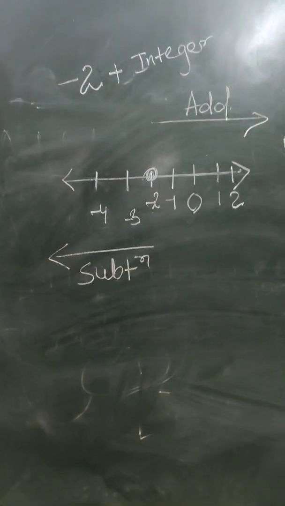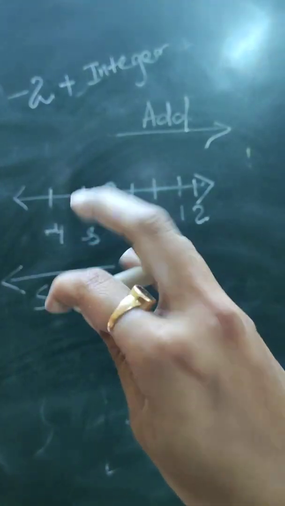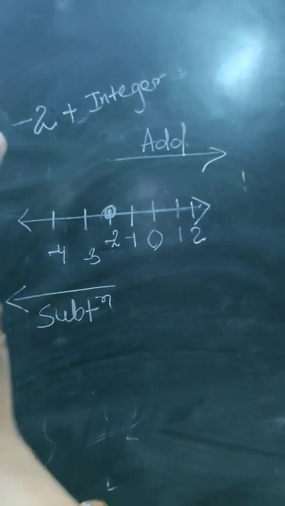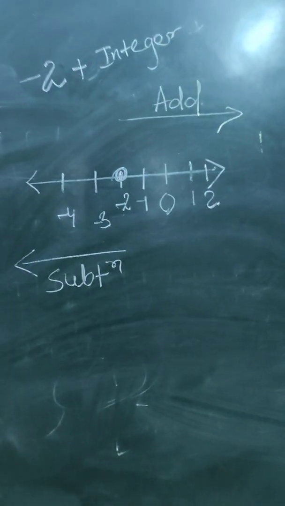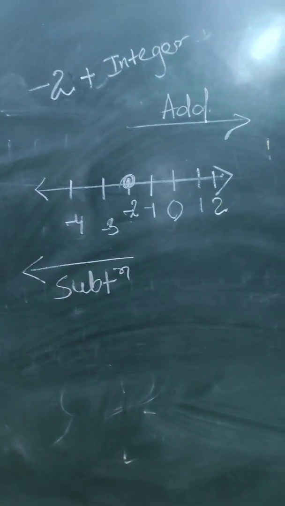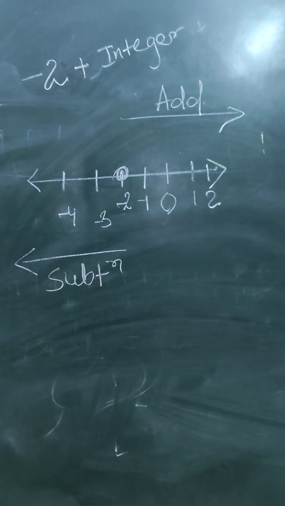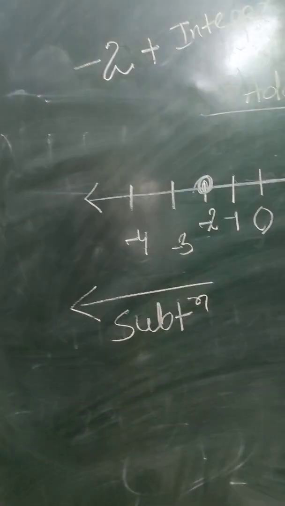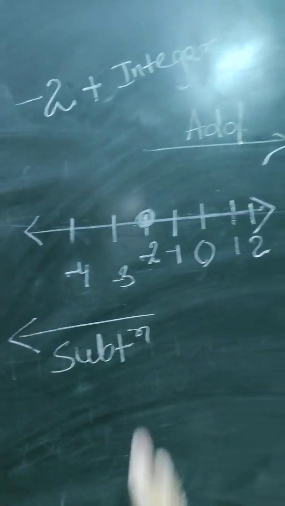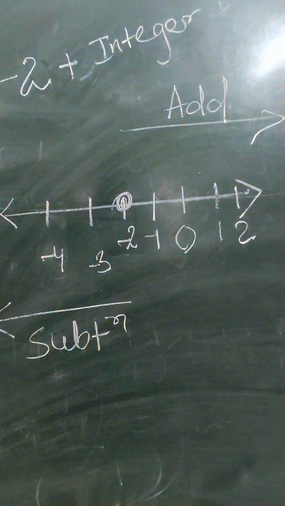I hope this is clear to you. If I am adding something to a particular integer, I am moving to the right side of the number line and doing the addition. If I have to subtract another integer from the plotted integer, then I will be moving to the left side of the number line. So moving left means subtraction, moving right means addition.